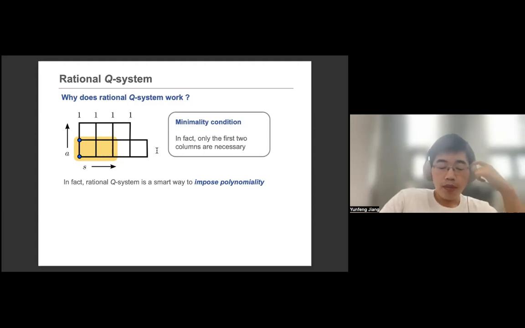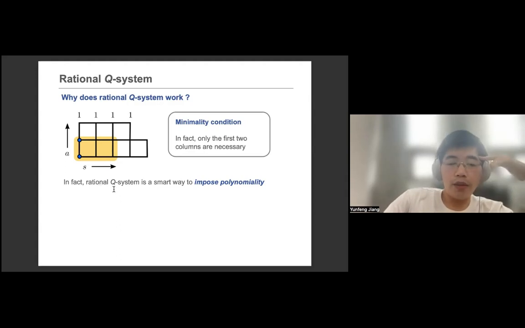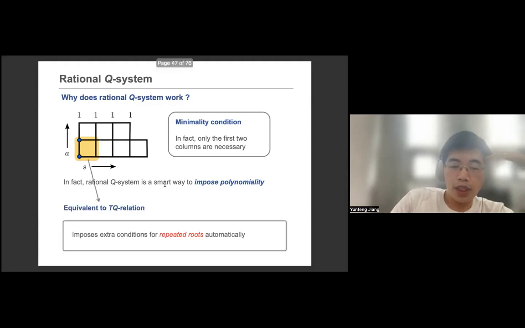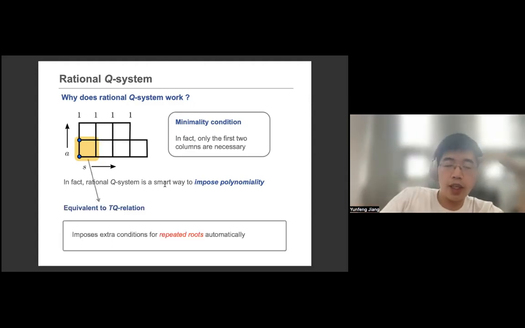In fact, we'll see that the rational Q system is just a smart way to impose polynomiality. So what does this mean? We can prove that the QQ relation related to the first box here is equivalent to the TQ relation. And this TQ relation imposes extra conditions automatically for the repeated roots.